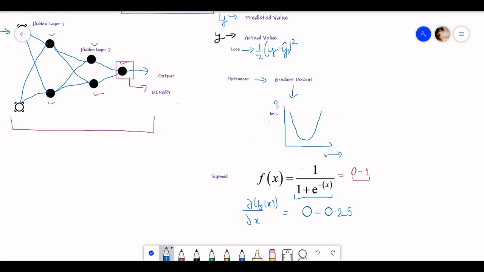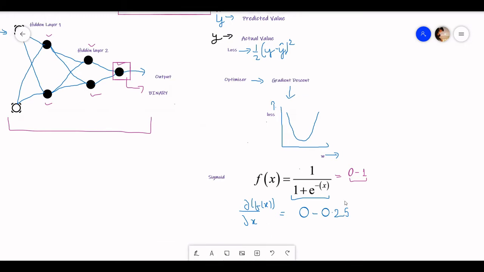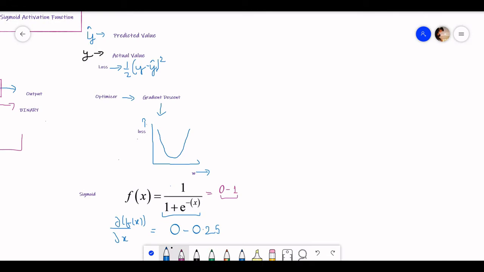We can also represent this by a graph. In the normal sigmoid activation function, which we also studied in logistic regression, our graph is something like this, and the range of this function is 0 to 1.